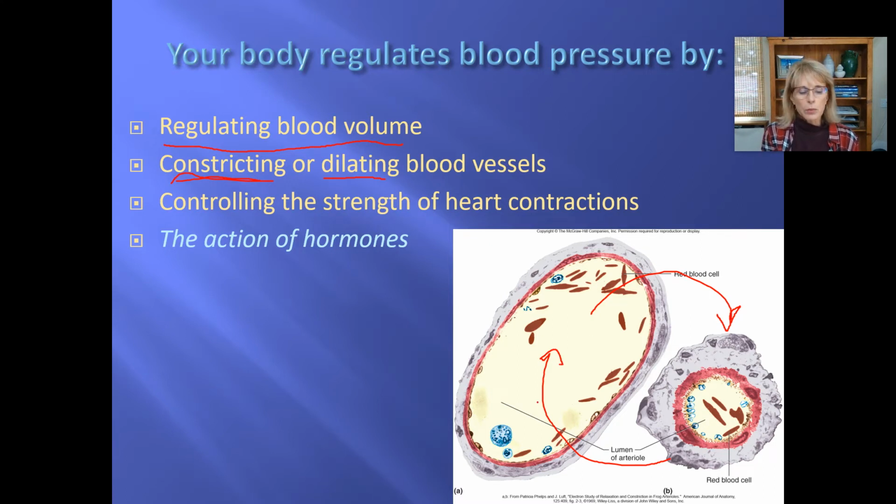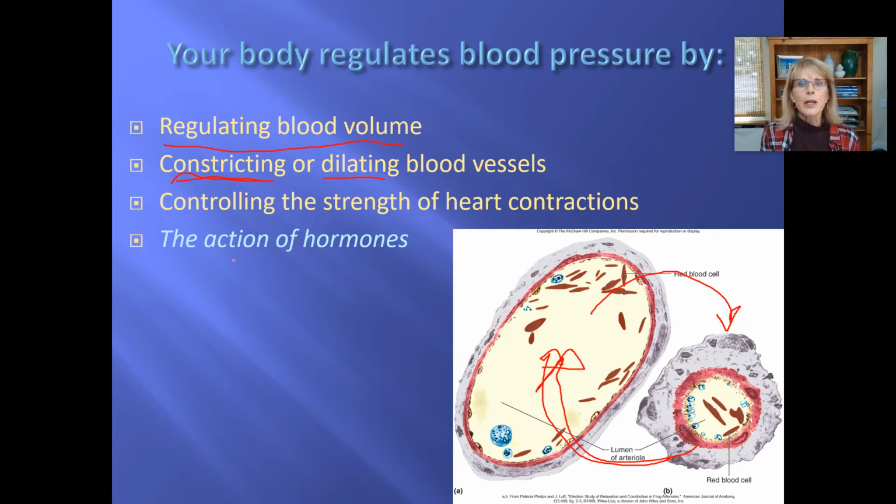If you take all of your blood that's like this and you force it to go into there, blood pressure is going to go way up. If your blood is all in here and you relax your blood vessels, your blood pressure will go down. If a patient's blood pressure is too high, we've got medications that will cause their blood vessels to do this, and that drops their blood pressure.